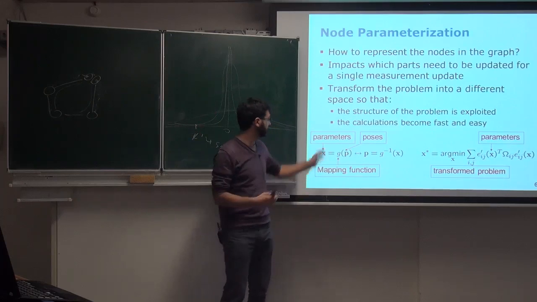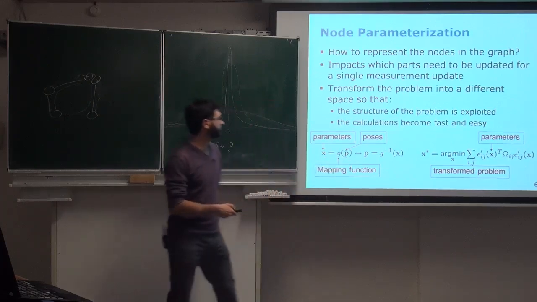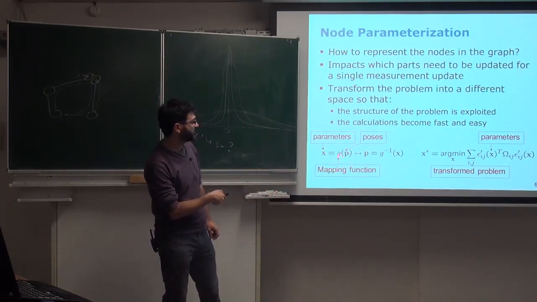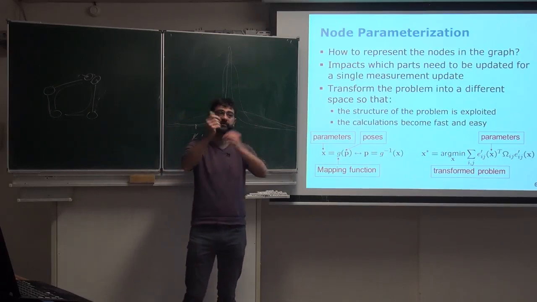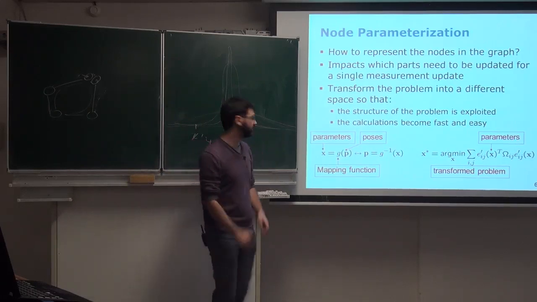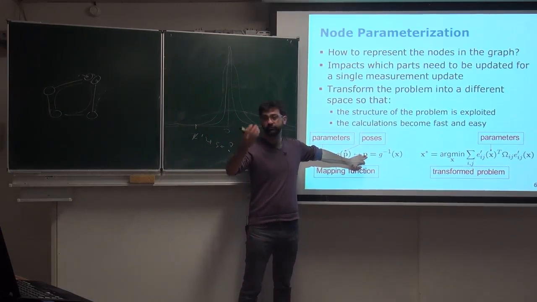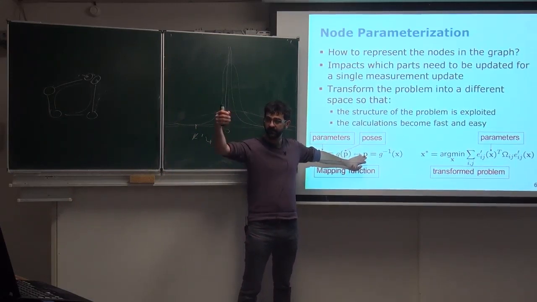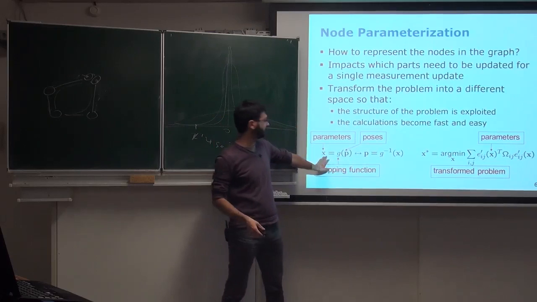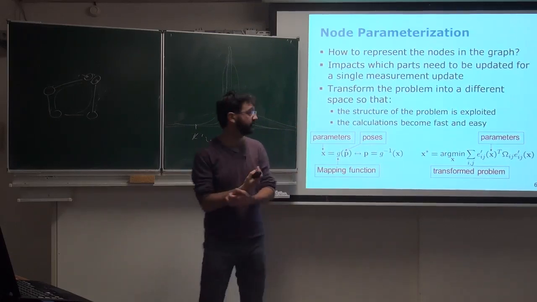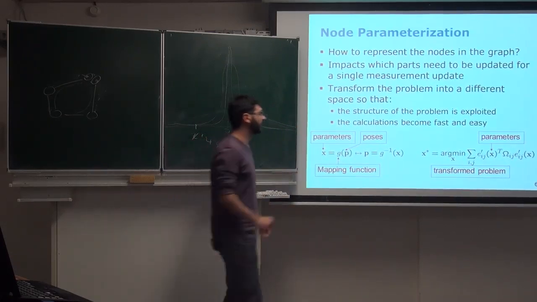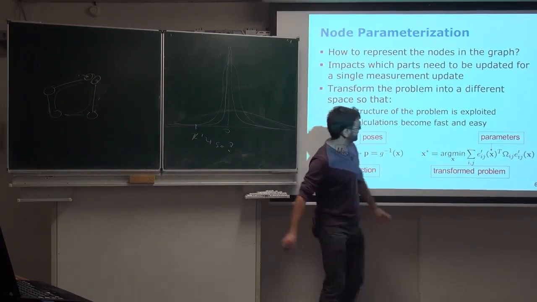So that's the example here. And you basically have this G, which is a mapping function that goes from the parameters to the poses, and you also have an inversion between the two. So you have a bijective mapping between the poses, which are the 3D or 2D real places in the world, and their parameters. Okay, so that's just to give an idea of what's being explained here.